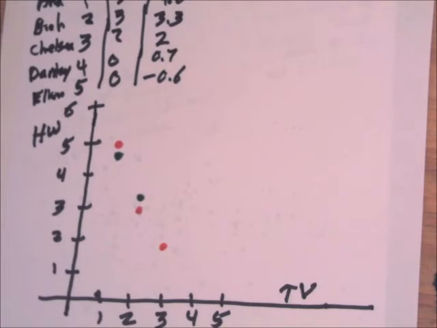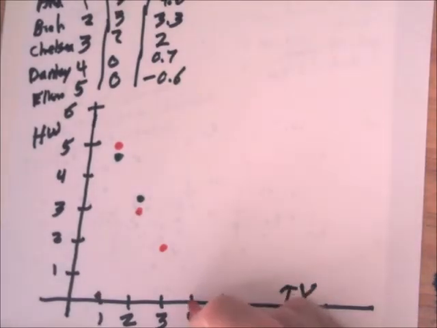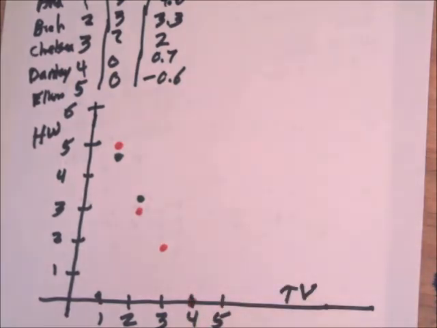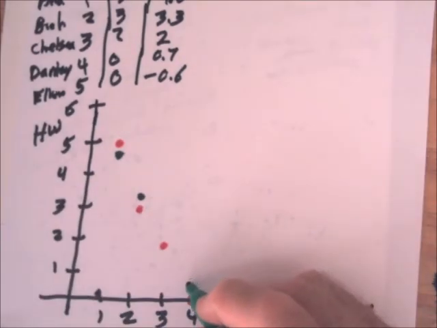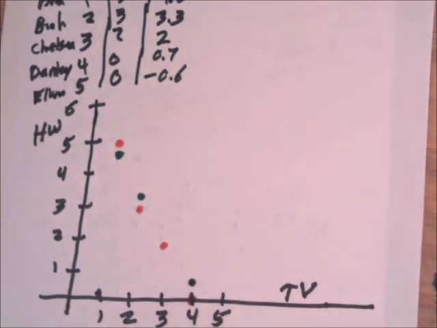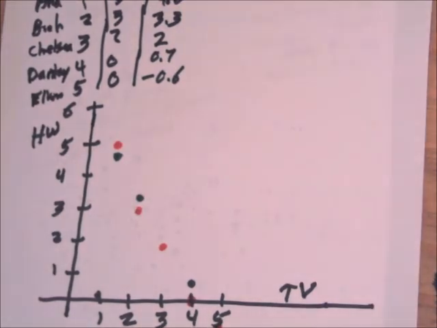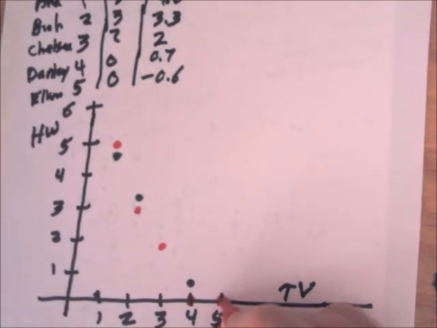Dante, the actual was 4 hours, and the predicted was 0.7. And Ellen, 5 hours, and the predicted was negative 0.6. So let me go down here. Oh no, I got the wrong color there. I want the green dot here.